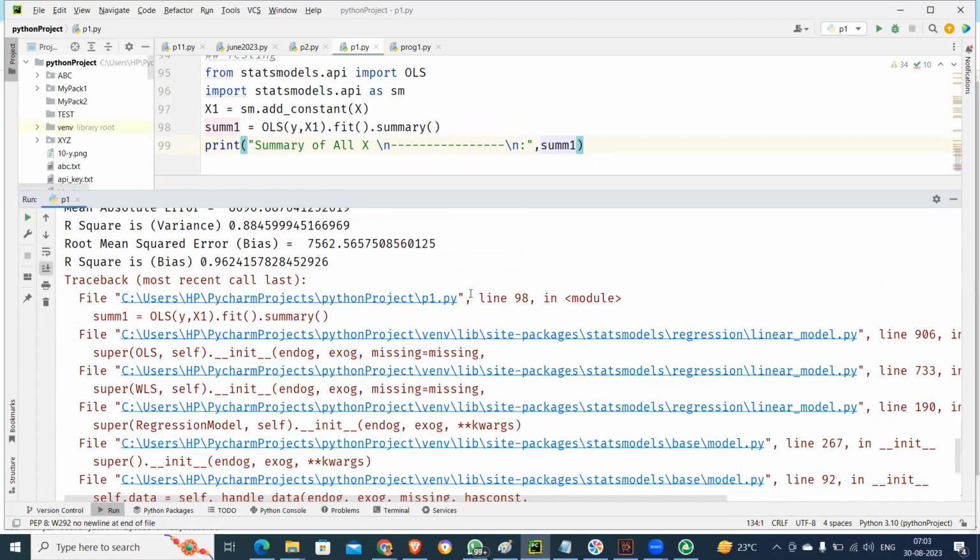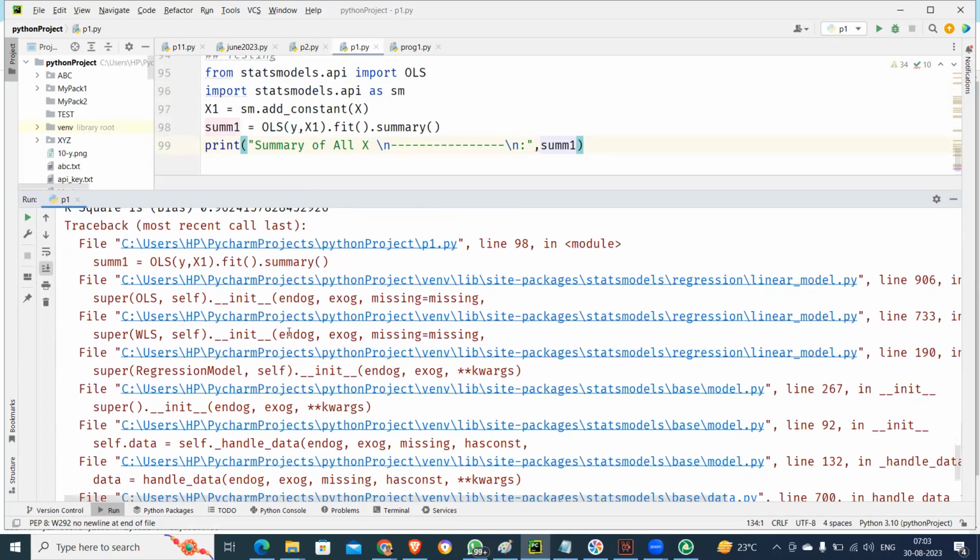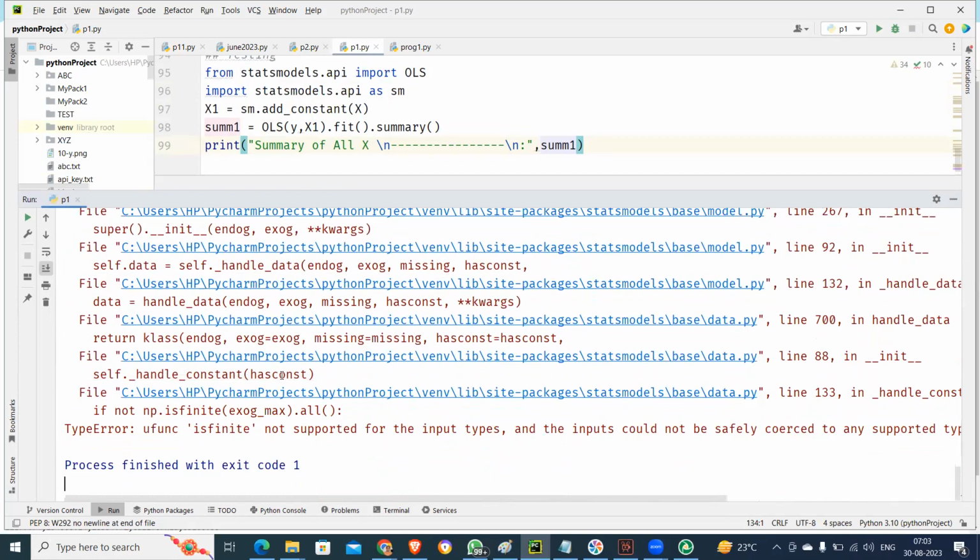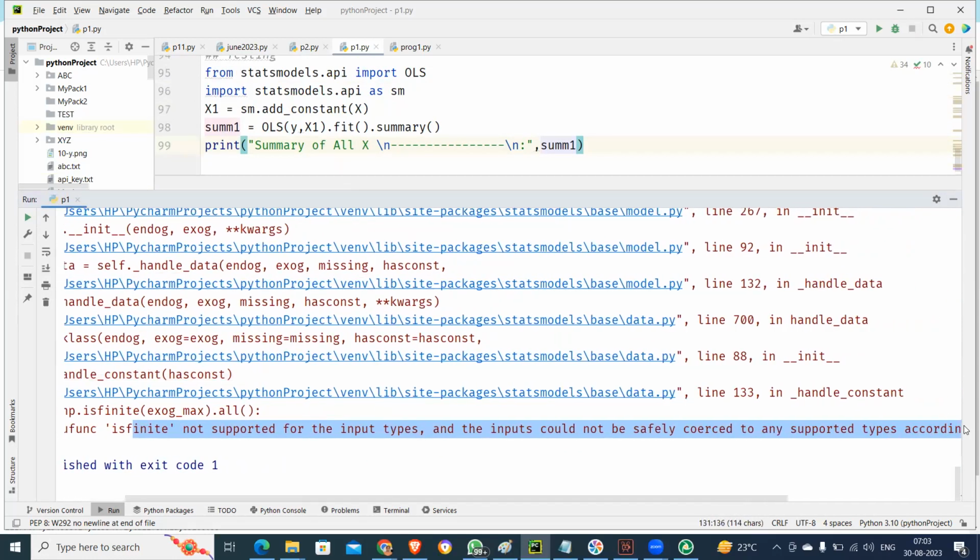What does it say? Line 98, fit dot summary. Pandas data cast to numpy dtype of object: the input is not a supported type and could not be safely cast to any supported type.